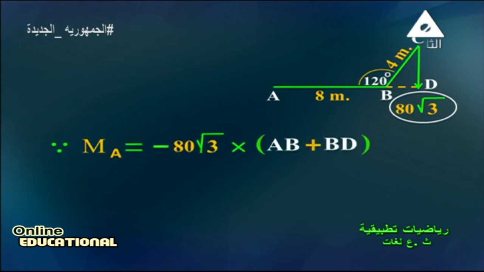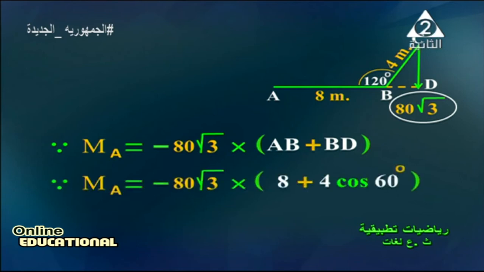AD equals AB plus BD. Then the moment about A equals negative 80 root 3 multiplied by (AB plus BD). Then MA equals negative 80 root 3 multiplied by (8 meters plus BD).